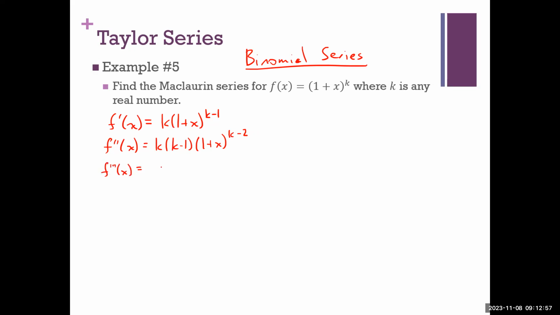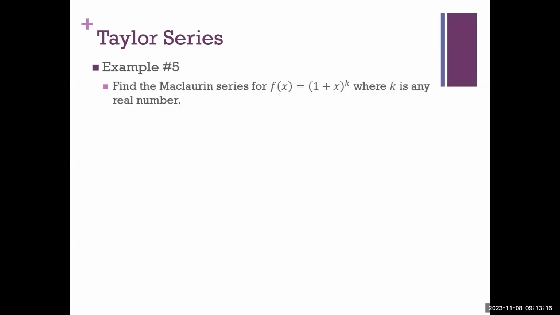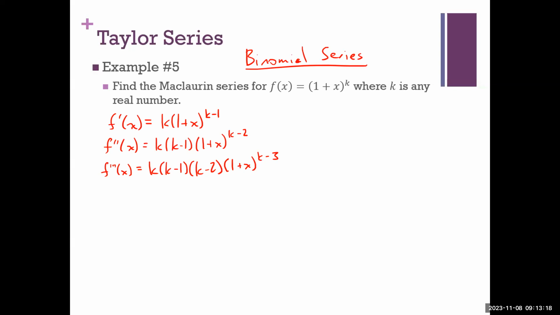Do we see a pattern emerging here if I want to get another one? k times k minus 1 times k minus 2. Okay. So we can see that we can kind of continue this indefinitely.